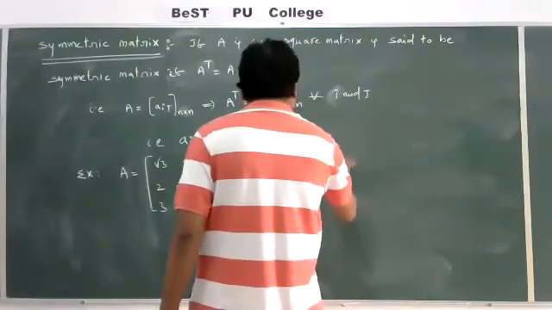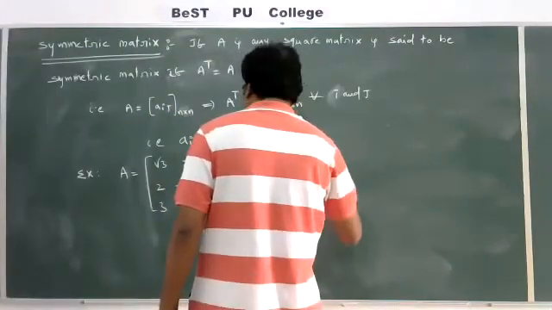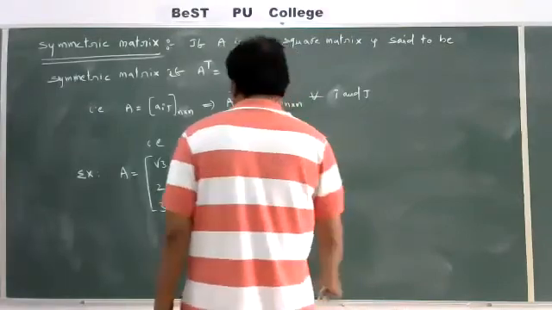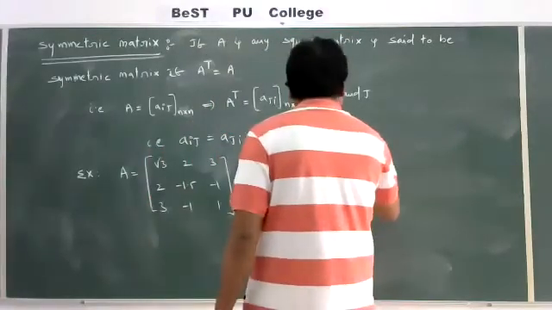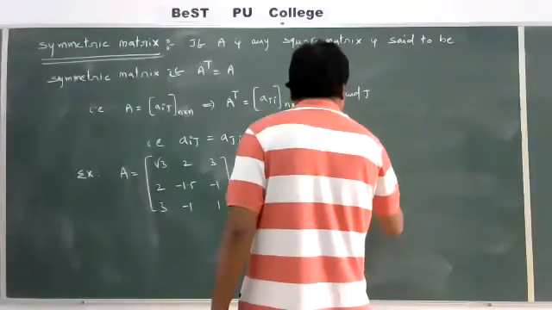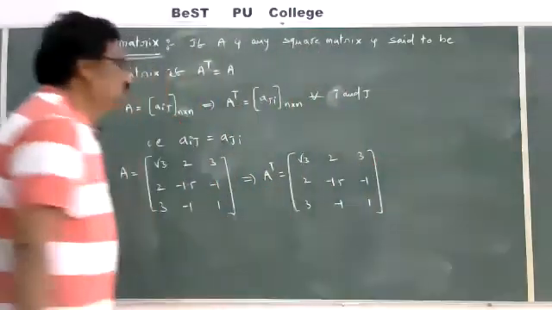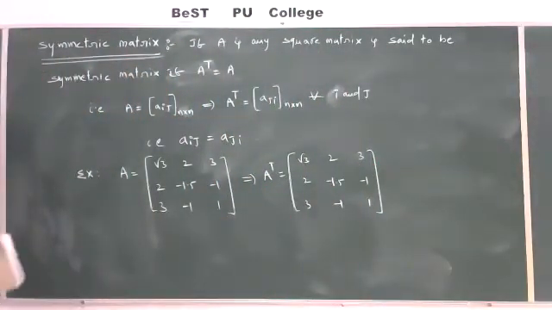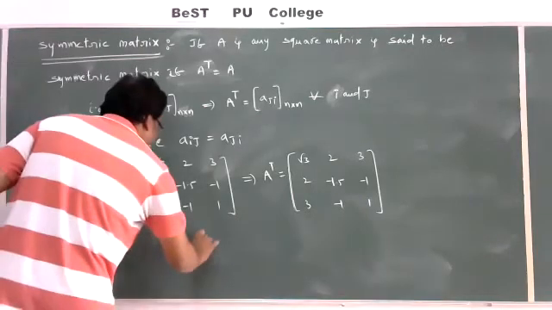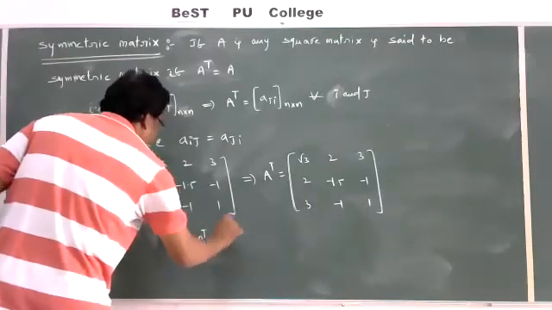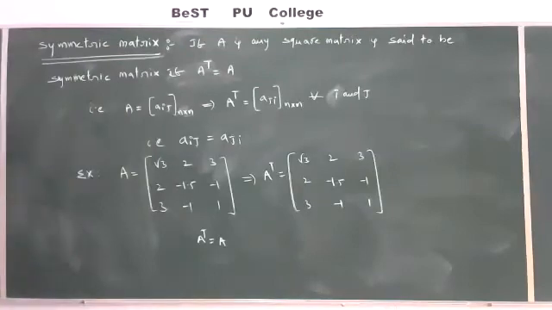Second row is second column, 2, minus 1.5, minus 1. Third row is third column, 3, minus 1, 1. Observe this, both are the same. So here A transpose is equal to A. This is called a symmetric matrix.